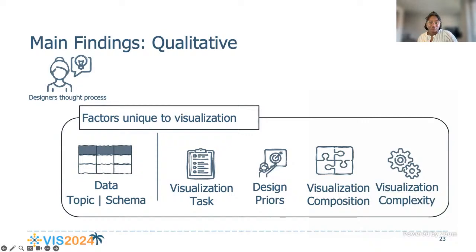These include the visualization task, of course, design priors, which are prior design ideas that they had in mind before they began brainstorming, and also the composition and complexity of the designs that were presented in the example.